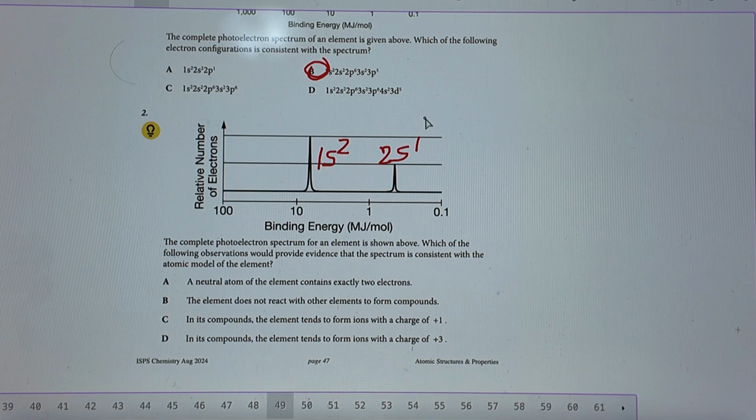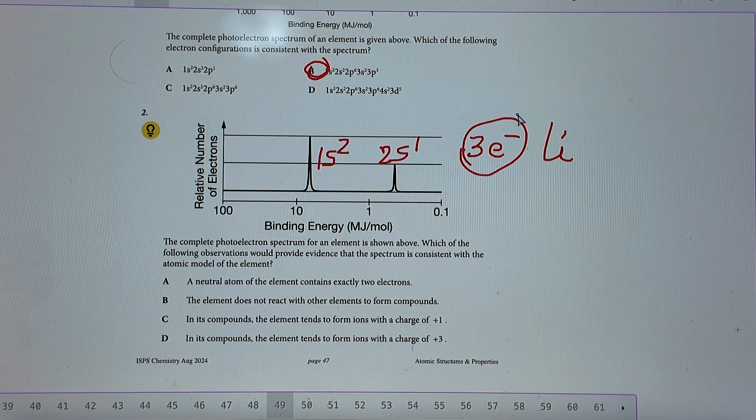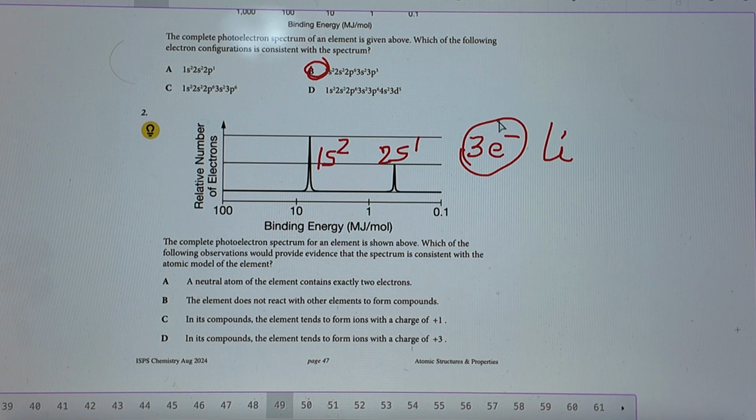So if you add up these electrons, you would find that there would be 3 electrons total, right? And so that would be lithium, right? And so if it's lithium, let's look at the answer choices here.